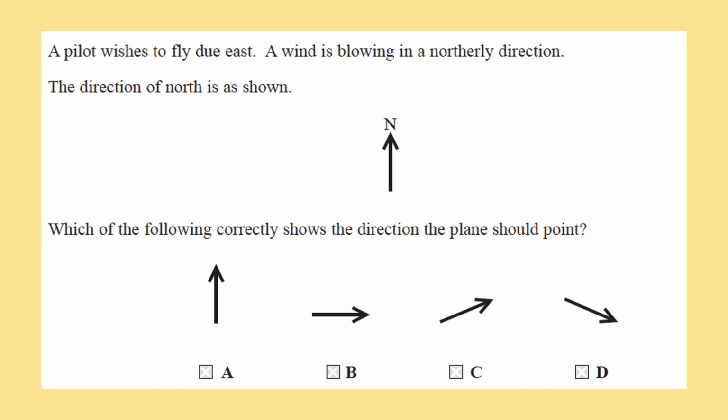It's going to add a force, and so the aircraft is going to drift off to the northeast at some magnitude, and that's not what the pilot wants either. And if you look at option C, he's already pointing to the northeast. That northerly wind is going to push him off even more to the north. So our only option really is option D.